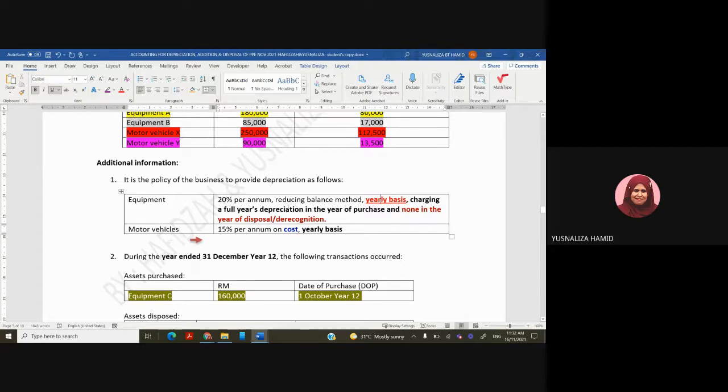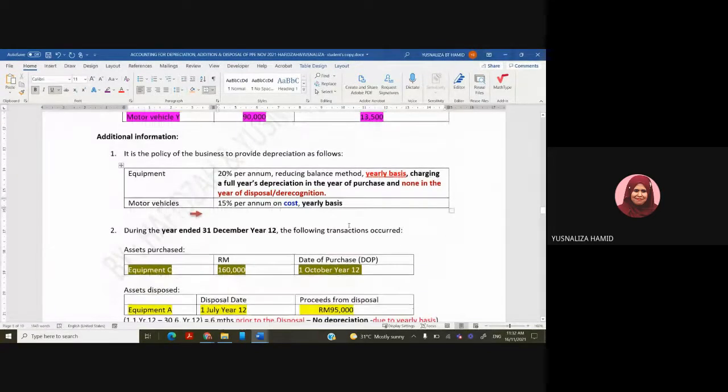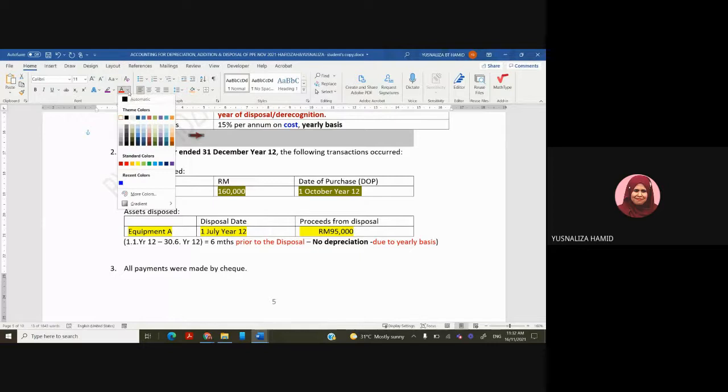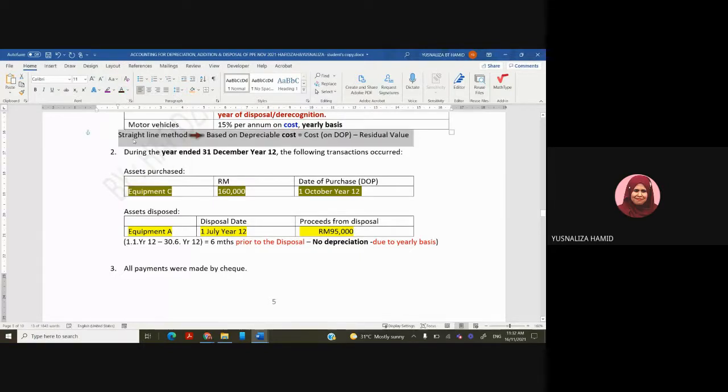This is no problem because the motor vehicle will not involve any disposal or new asset being purchased. On cost means the straight line method. Under the straight line method, the depreciation is based on depreciable cost, and depreciable cost is actually the cost on the day of purchase minus the residual value.